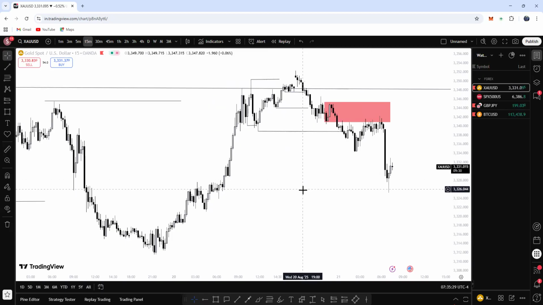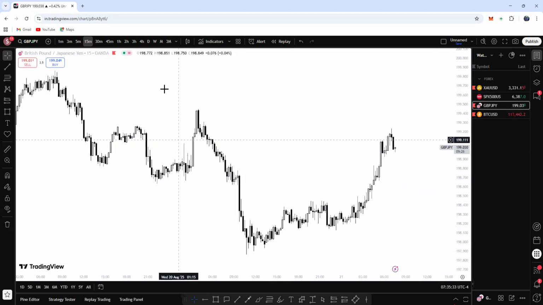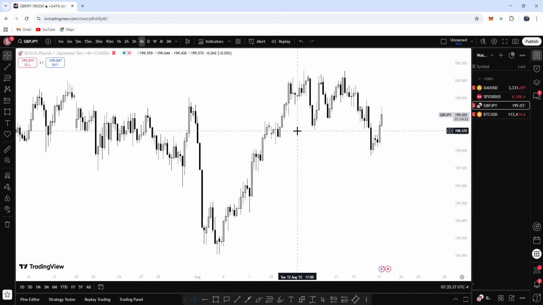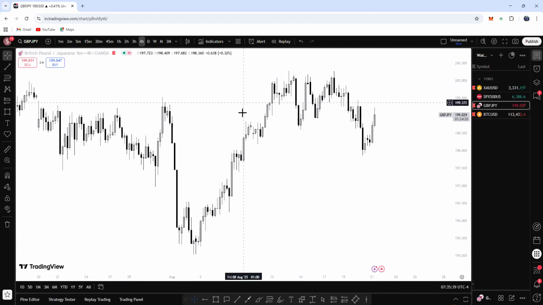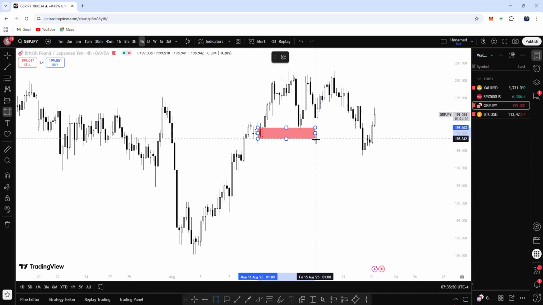So should we check for more examples? Okay, for currency, let's check GBP JPY. Let's see for currency. Let's see if it works also. It works very well, I told you guys. So this is where price sold from, and price bought from.